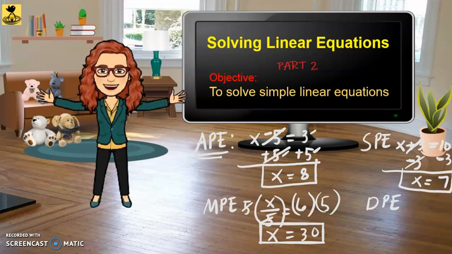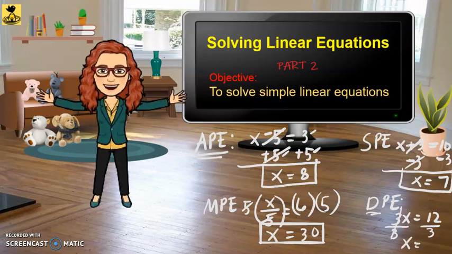For the division property of equality, the same, but in this case, we will apply division. For example, we have 3x equals 12. So we divide 3 both sides. That's division property of equality. So 3 divided by 3 is just 1. So we have x.